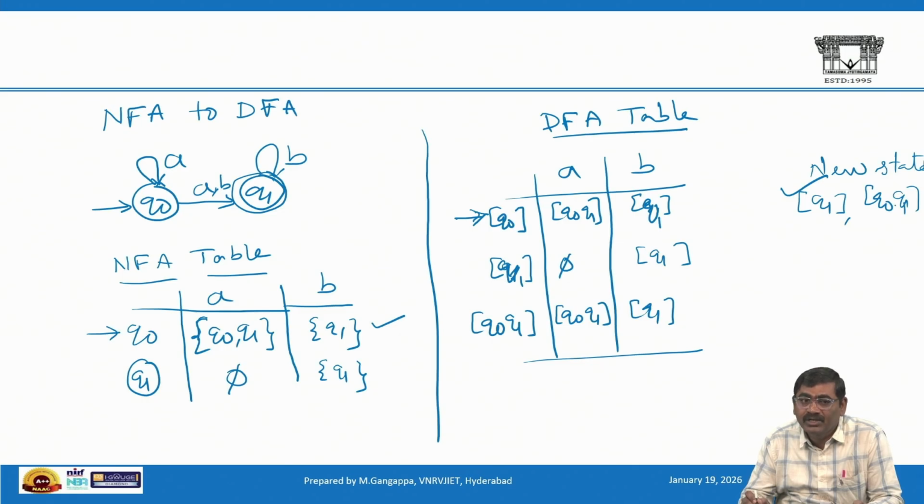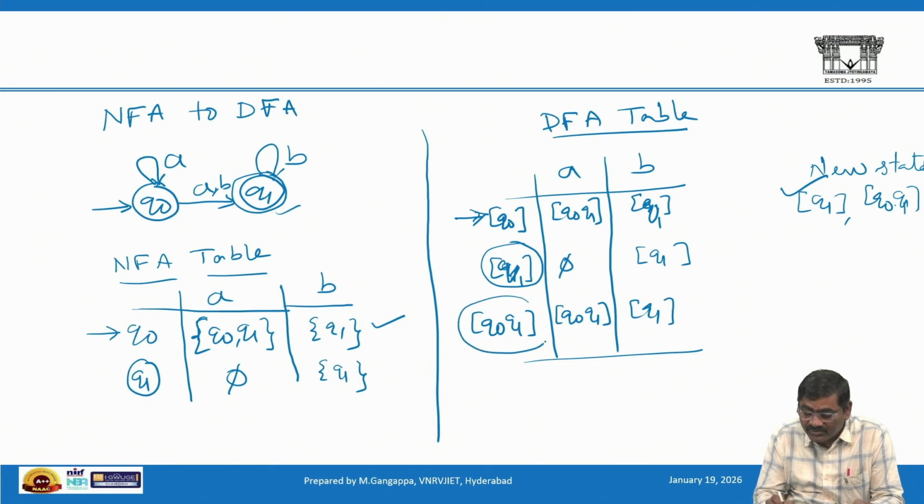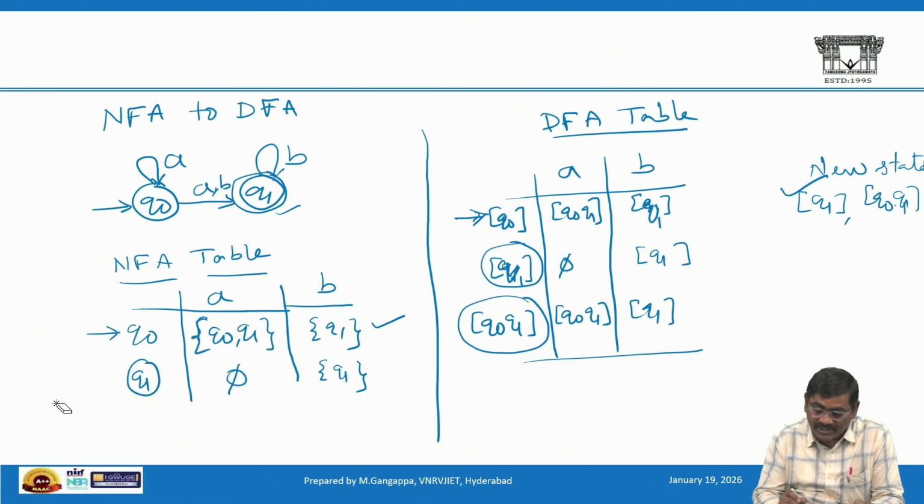Suppose Q1 is the final state in the NFA. Whether this Q1 is included in any DFA states or not: this is Q1, therefore this can be a final state. Here Q1 is included, therefore this can be a final state. There are two final states marked in the DFA.